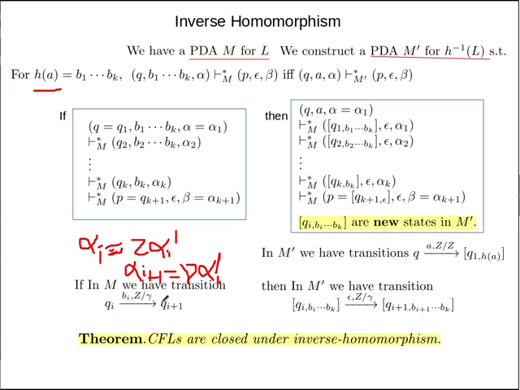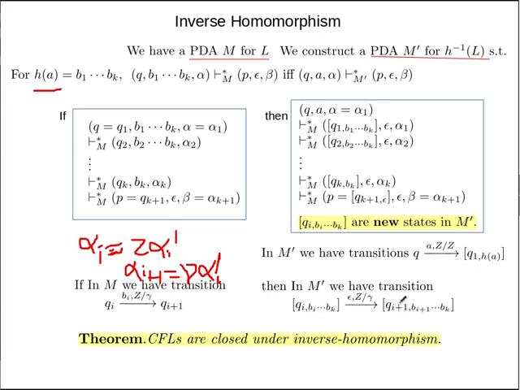Okay, so if this is a move, if this is a transition in M, then we will include transitions in M prime. So we will design the transition function in such a way that it has this transition, which makes this same replacement in the stack. But then the consuming of bi here will be handled by a change of state here.